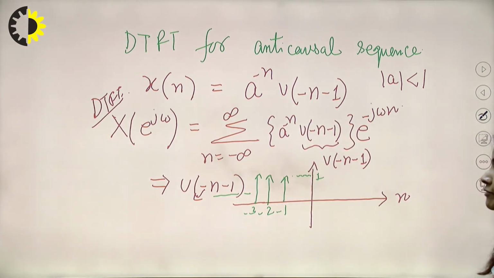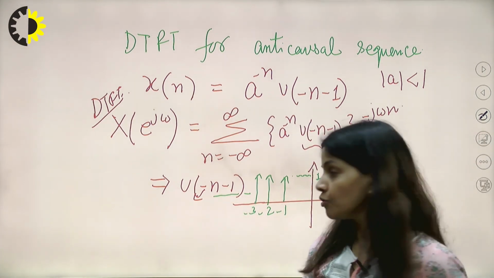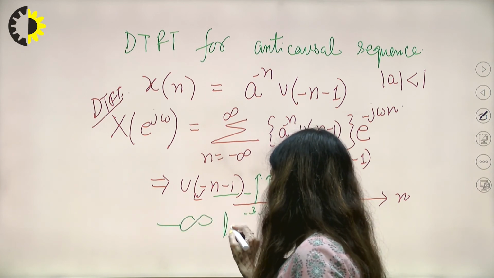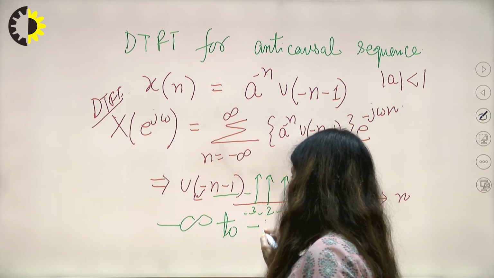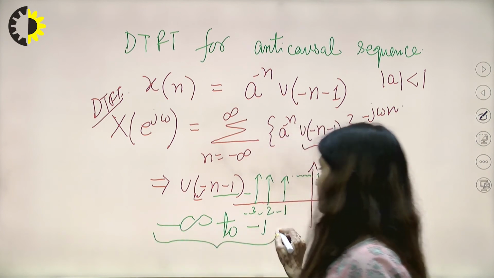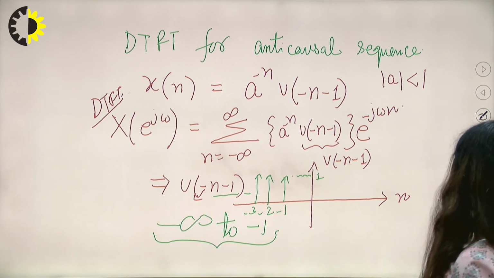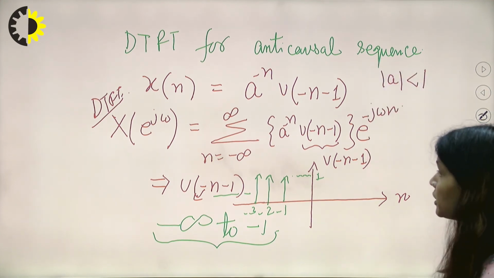So my limit will be from minus infinity to -1. In this way we can put the limit.